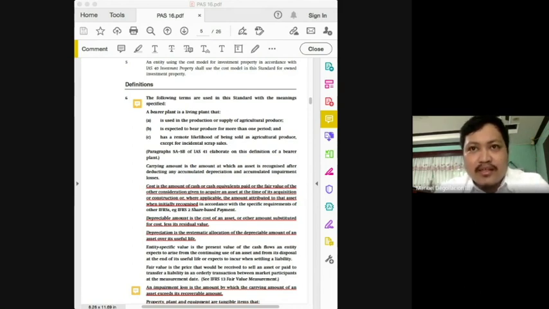It is possible, class, that a plant or an animal may be considered as PPE, and it could also be classified as a biological asset. Please do not think that automatically, if it is a plant or an animal that is owned by the entity, it is going to be classified as a biological asset. Again, plants and animals can be considered as PPE as well.